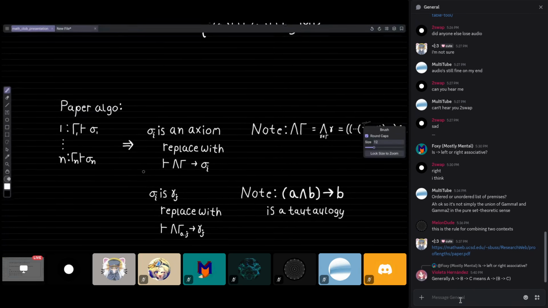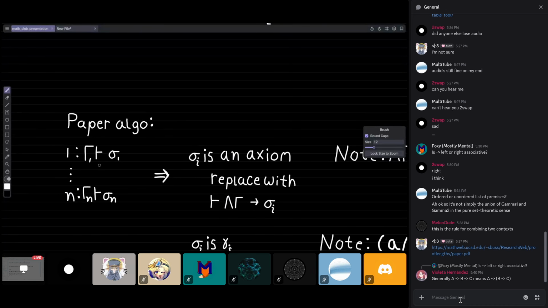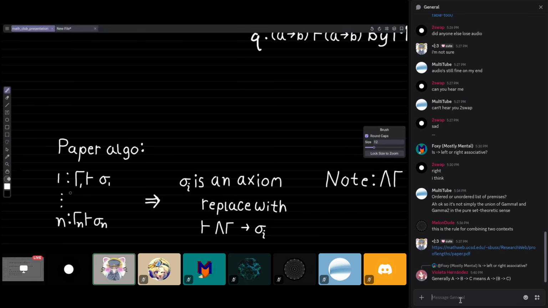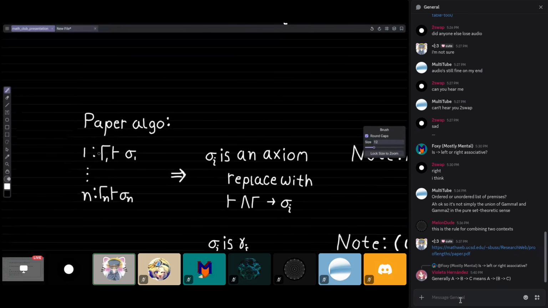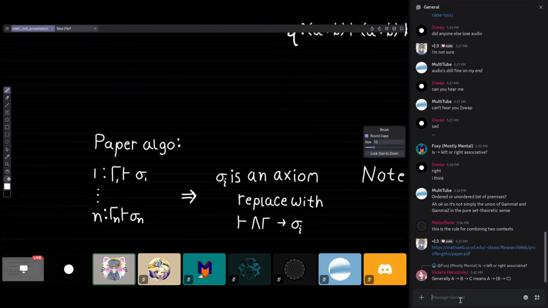All right. I should probably restate what we're trying to do. We're trying to turn a nested deduction style proof, which has a context, into a Hilbert style proof, which doesn't have a context.